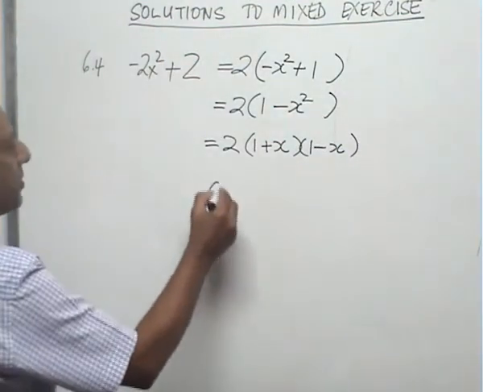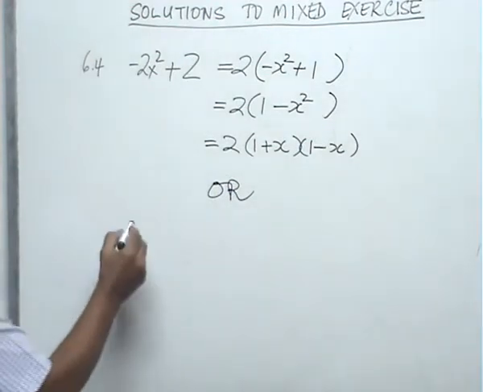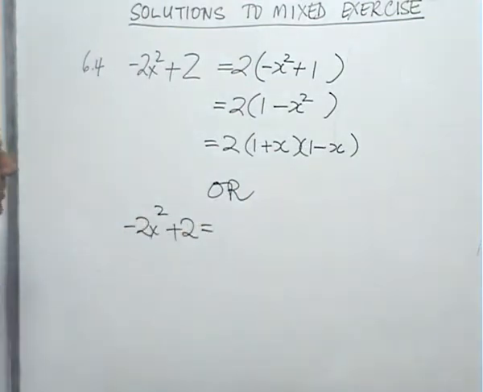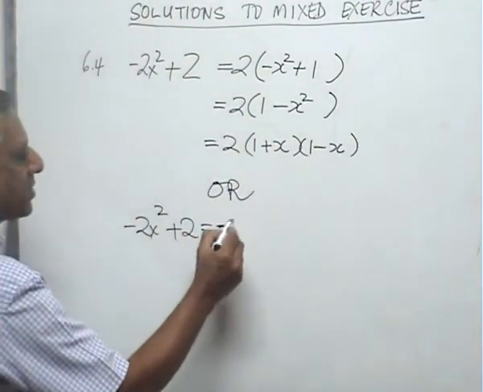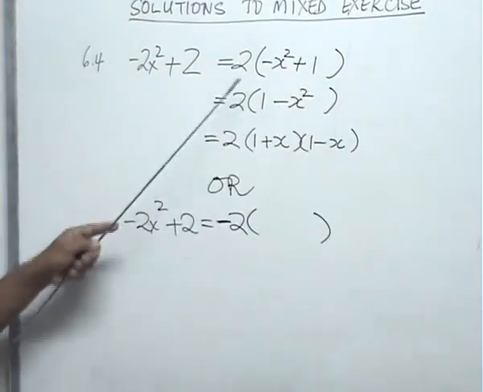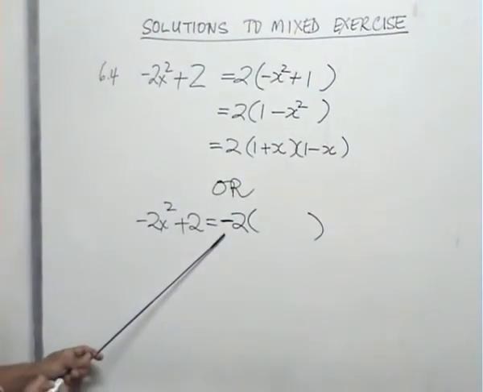But this example could have also been done differently. If I restart that example differently, 2x squared plus 2, and suppose I decided to take out a common factor minus 2. It's my right. I can do what I like. I can take out 2, or another student will take out minus 2.